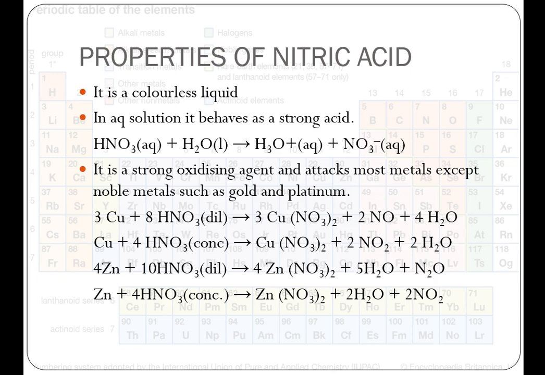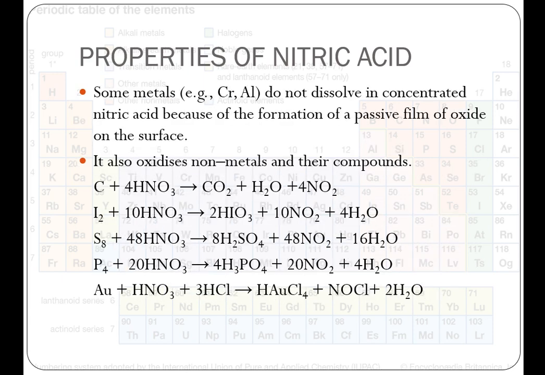The difference is again in the side products. With dilute nitric acid, you get N2O and with concentrated, you get NO2. Some metals do not dissolve in concentrated nitric acid such as chromium and aluminium. This is because of the formation of a passive film of oxide on the surface.